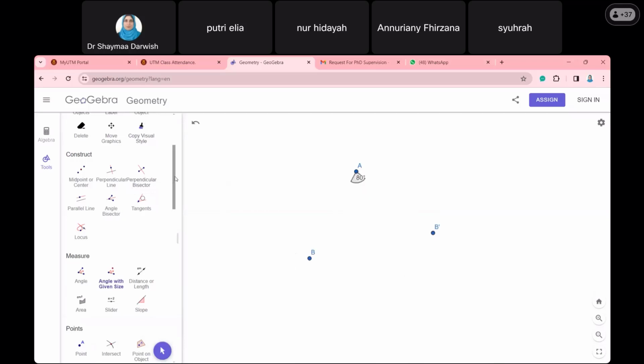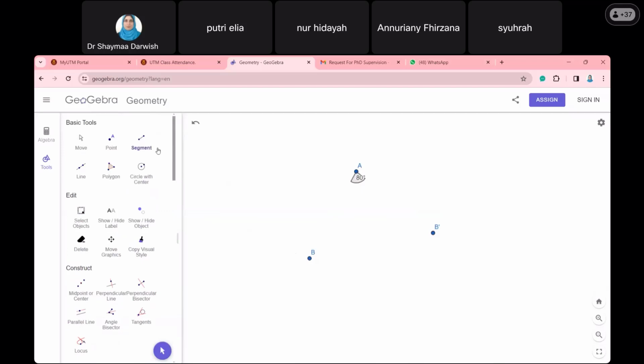So we have this angle around 80 degrees. This is the line segment here. This is the second line segment. Now this is the angle of 80 degrees.